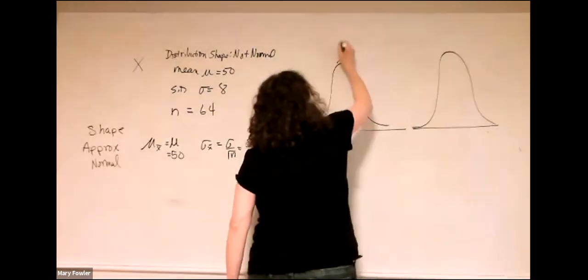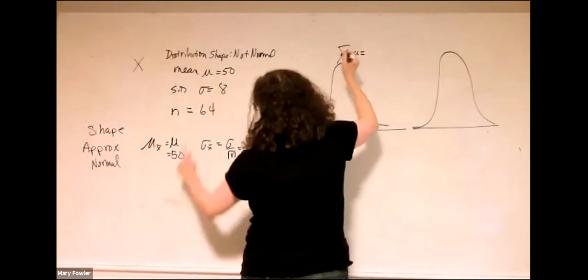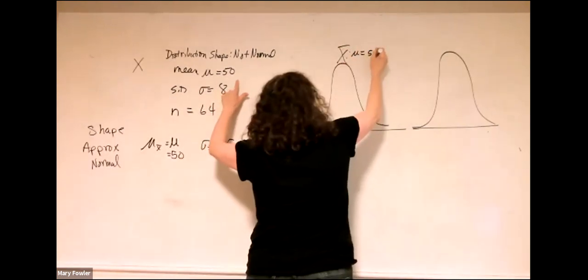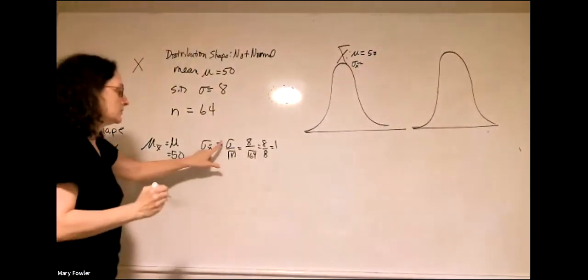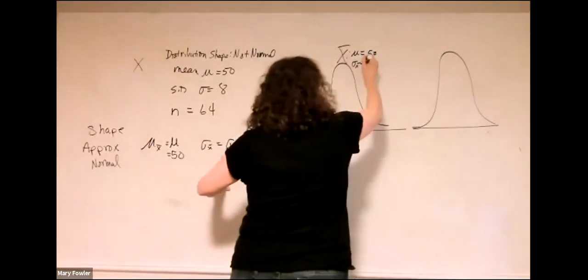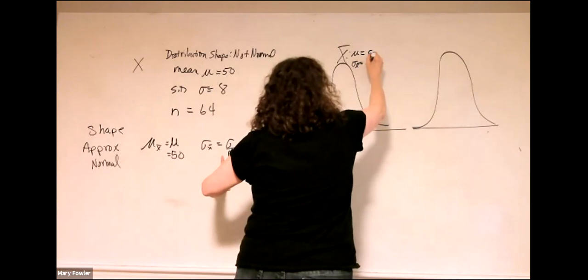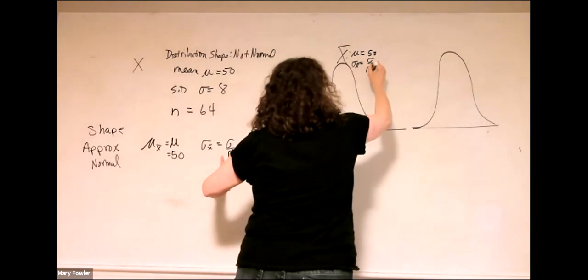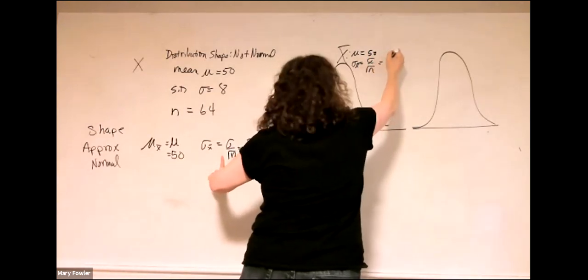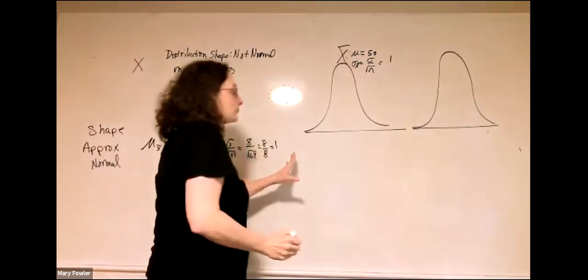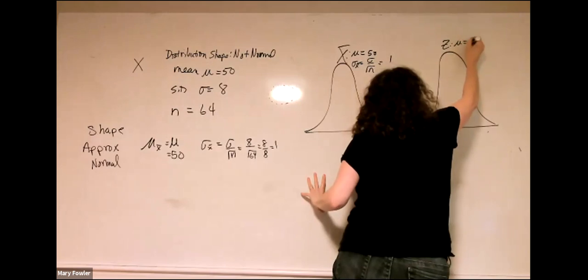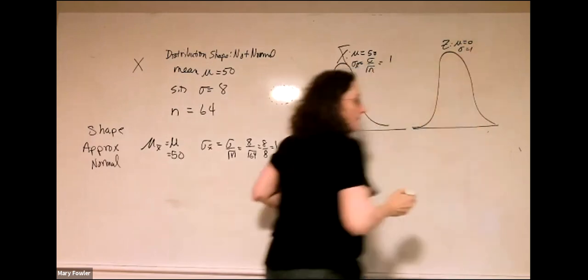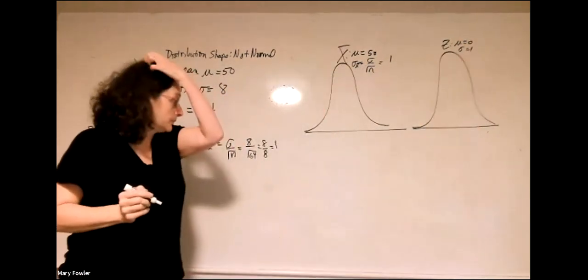This one here is X bar. It has a mean equal to 50 and a sigma sub X bar equal to sigma over the square root of n. And that's going to be equal to 1. This bell here is a standard normal.